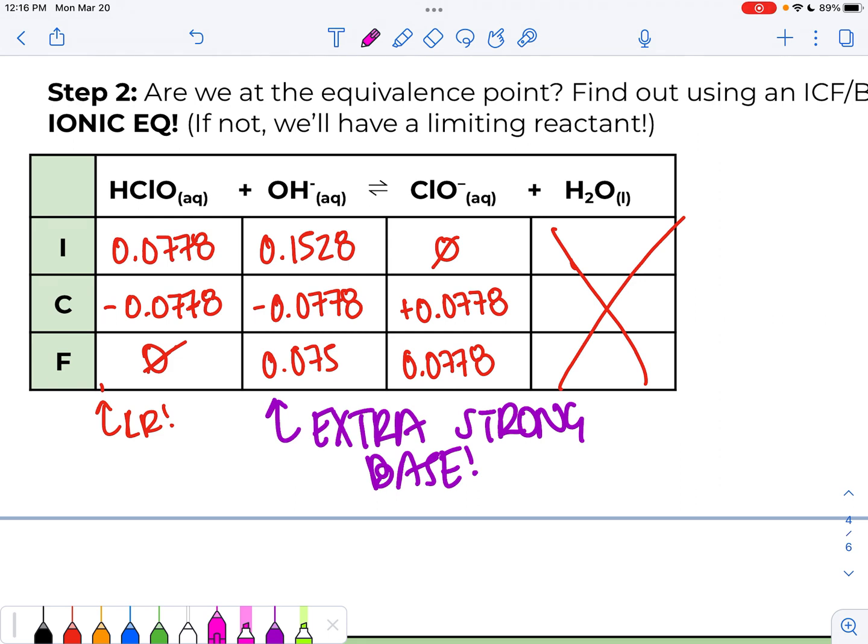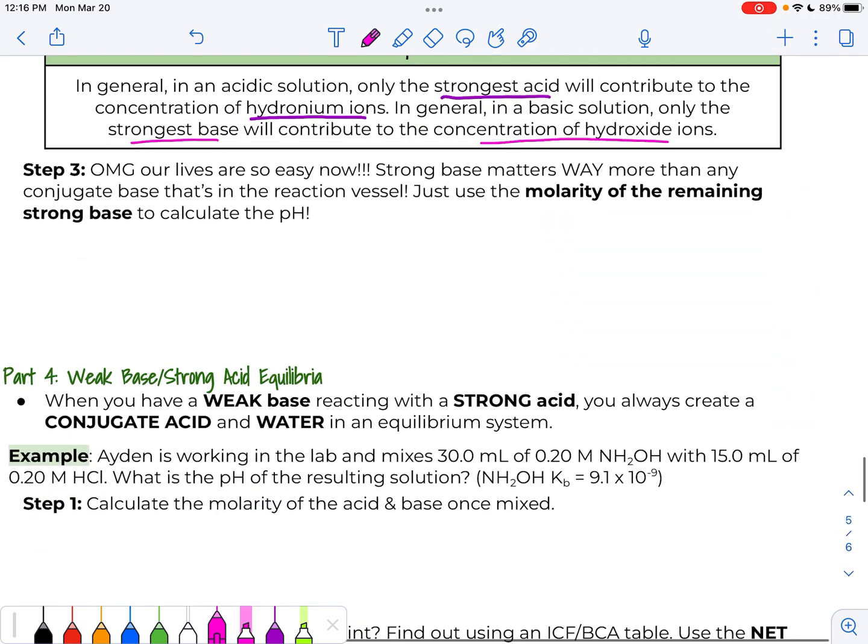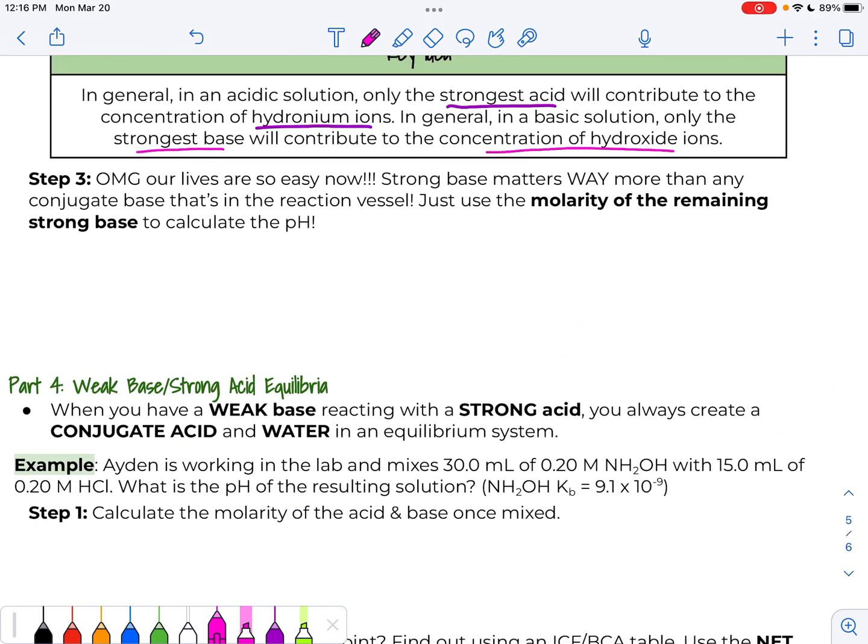So our lives are so easy now because all we have to care about is that our strong base is still present. We just use the molarity of the remaining strong base to calculate pH, because it contributes to hydroxide concentration way more than any conjugate base in the reaction.